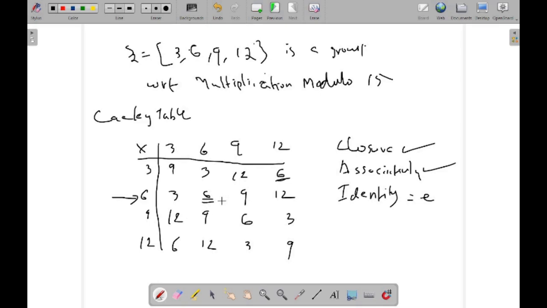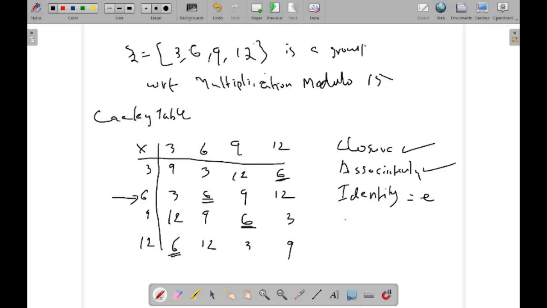Then here you can see 9 into 9, 81, 81 mod 15 is equal to 6, the identity element. Then you can see 12 into 3, 36 mod 15 is equal to the identity element.